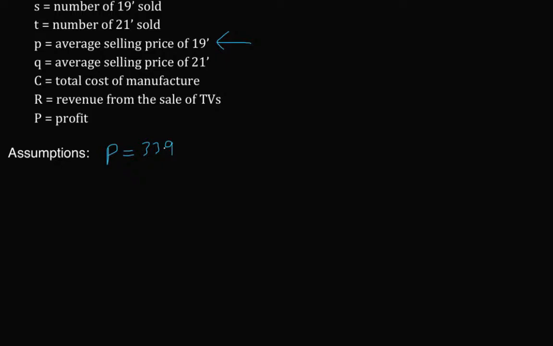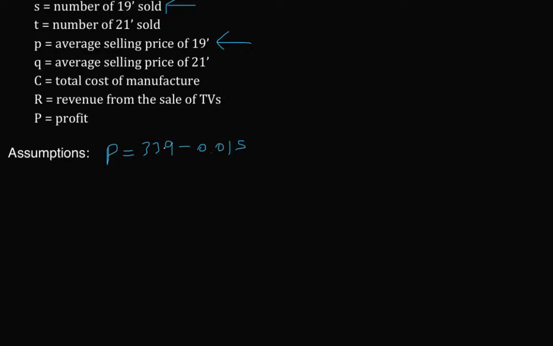It means it must be subtraction. Why? It is a drop by 1 cent. 1 cent means 0.01. It is for one unit. How many units do we sell? 19 inch TVs, S. Therefore, you should multiply by S.